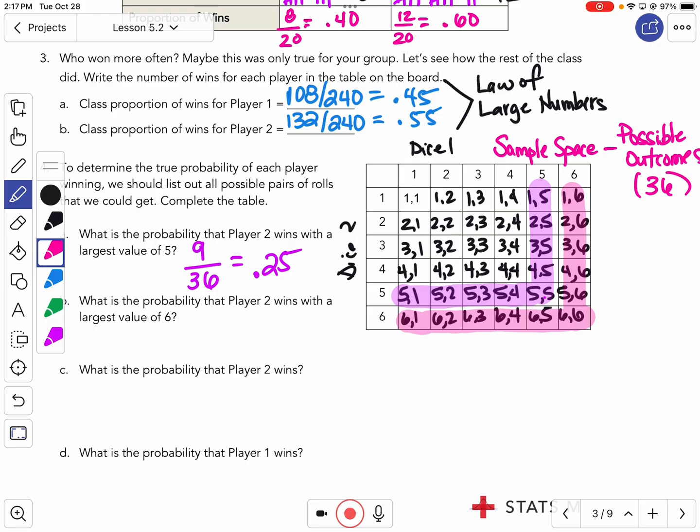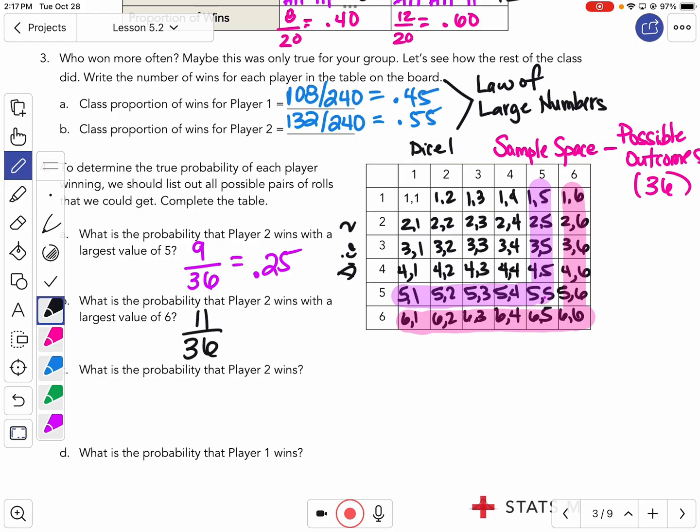No? All right, so let's count them. How many times is 6 the largest? What'd you get? 11. Okay, out of 36. And what decimal does that give me? Isn't it 0.305, something like that? Yeah, all right, so 0.305.